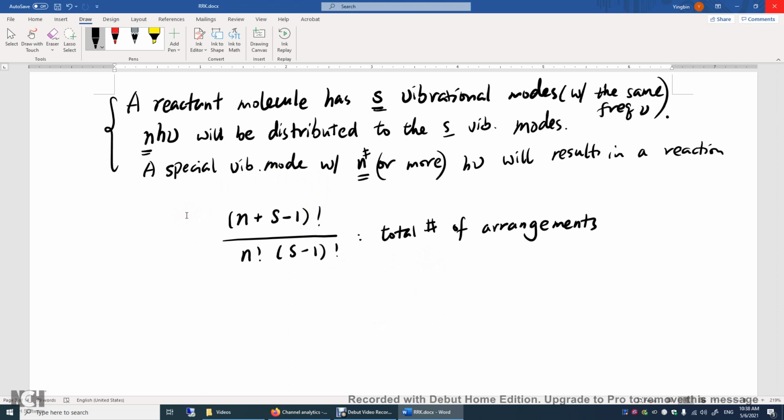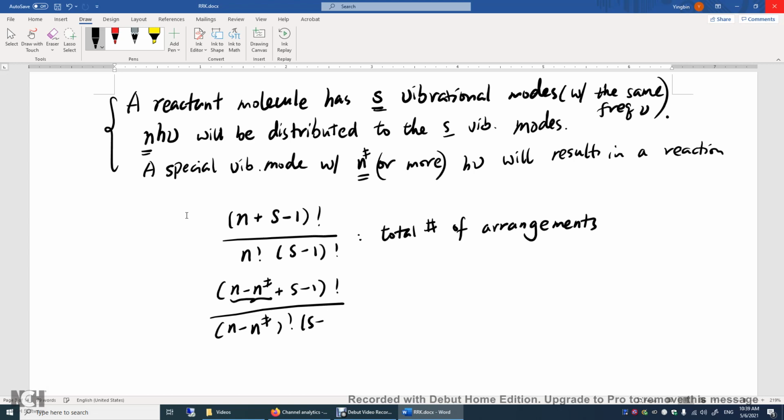Now, what if we need this special vibration mode to get at least n double dagger energy quanta? Then we'll have to reserve n double dagger energy quanta, right? And then the remaining energy quanta is N minus n double dagger. So that means we just distribute the remaining N minus n double dagger energy quanta to the S vibrational modes.